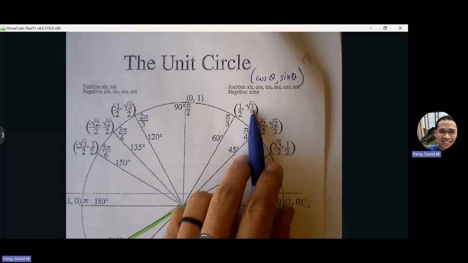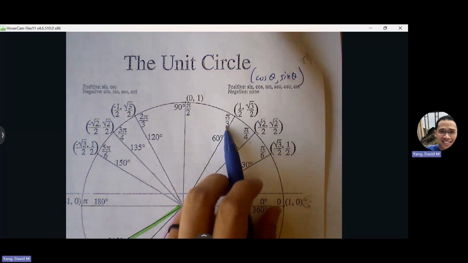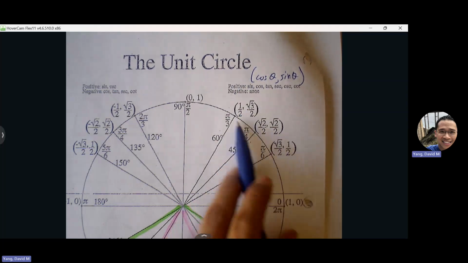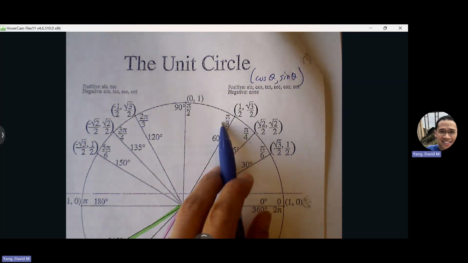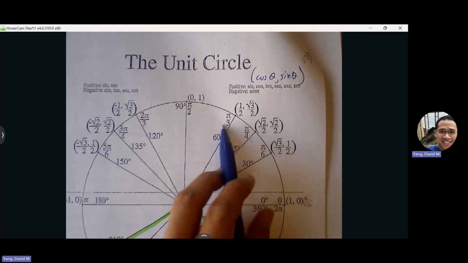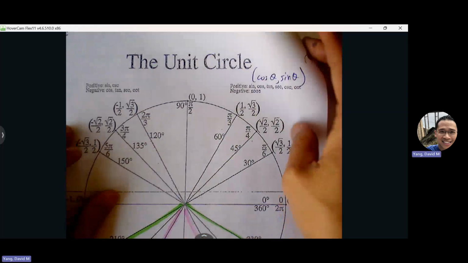So we're looking for root 3. Root 3 will be in that pi over 3 family, right? Root 3 over 1 is root 3, not 1 over root 3. So it's going to be in that pi over 3 family. It's plus or minus, so we can list out all the 4 quadrants in that pi over 3 family.